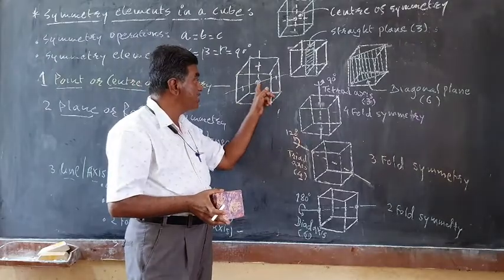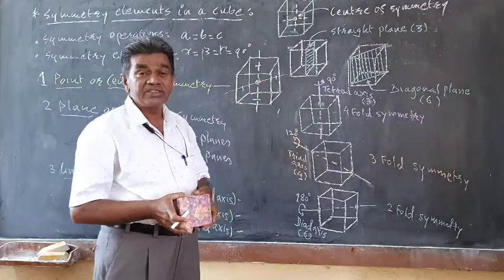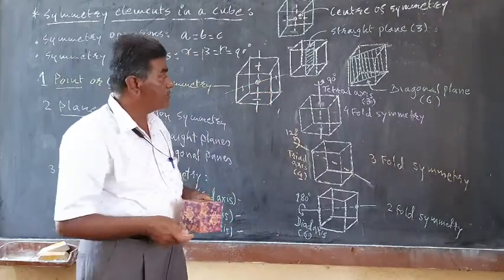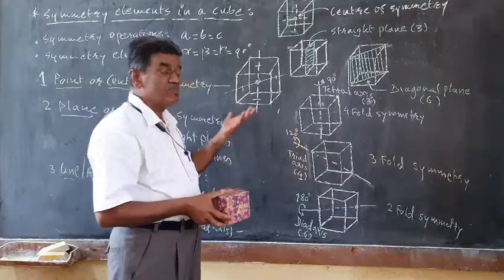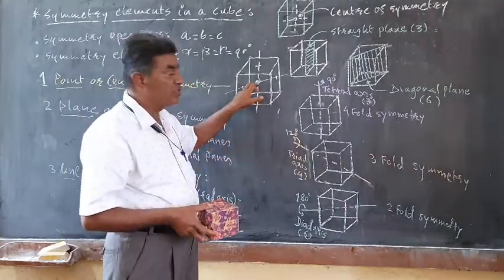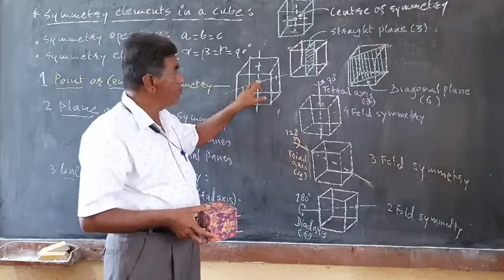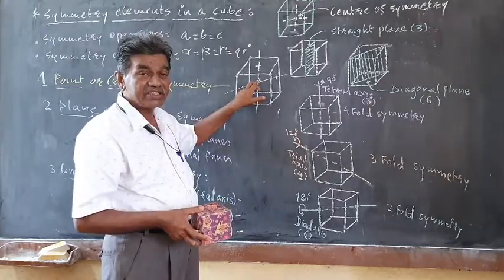If we draw a line like this through the point, this distance and this distance are equal. Any other line through it also meets the surface at equal distances on either side. Such a point is known as the center of symmetry. So in a cube, the center point of the unit cell is such a point, and only one such point exists in the crystal.